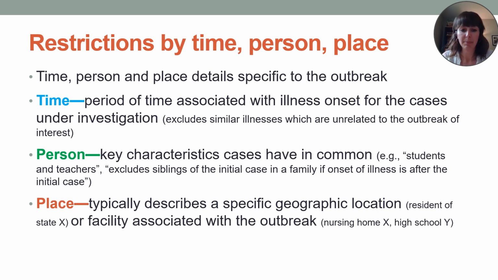For the person piece, we want to restrict to those who we consider to be a case in our outbreak. So for example, if we're looking at an outbreak in a town that is associated with a university, but we're only interested in students or professors of the university, maybe we're not interested in diarrhea cases among family members or roommates of these students or professors, but only among the students and professors.